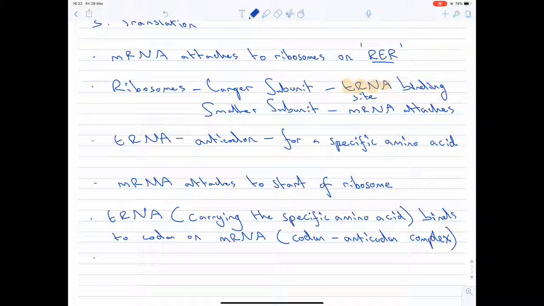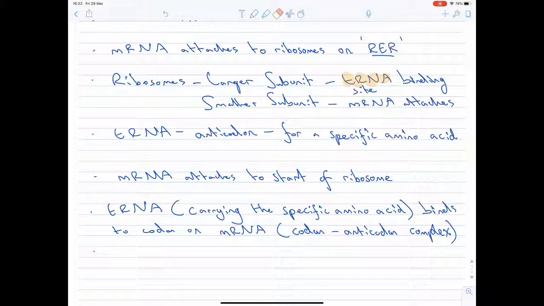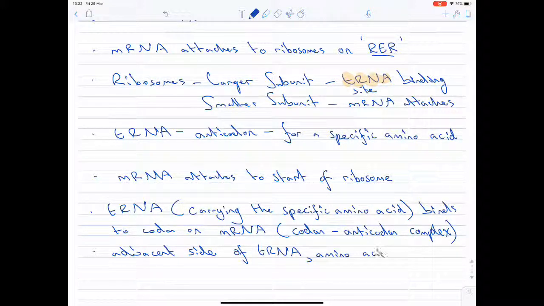So once that tRNA has bound to the mRNA, on the adjacent side you're going to have amino acids forming. So I'm just going to write down words now. So on the adjacent side of tRNA, amino acids bond together through peptide bonds.